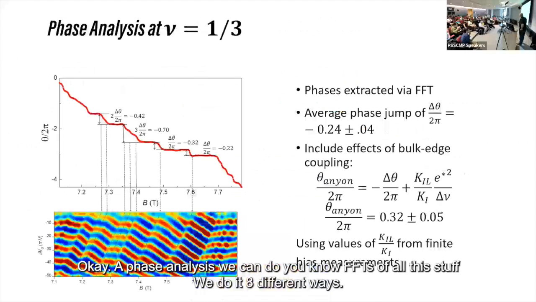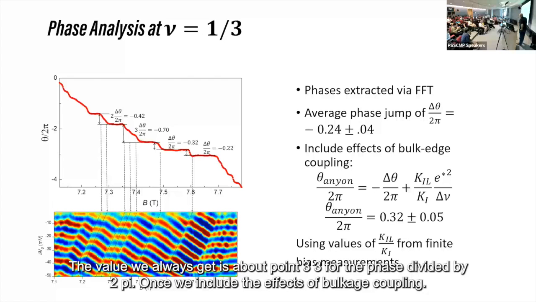Okay. The phase analysis, we can do FFTs of all this stuff. We do it 8 different ways. The value we always get is about 0.33 for the phase divided by 2π once we include the effects of bulk edge coupling.